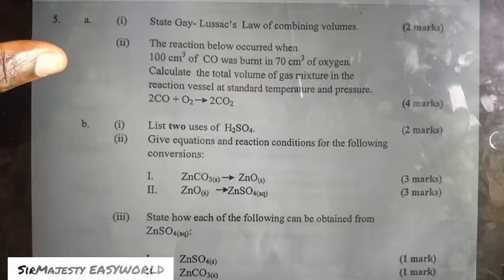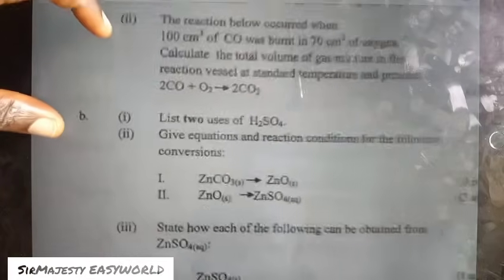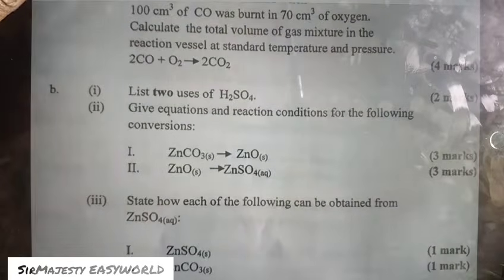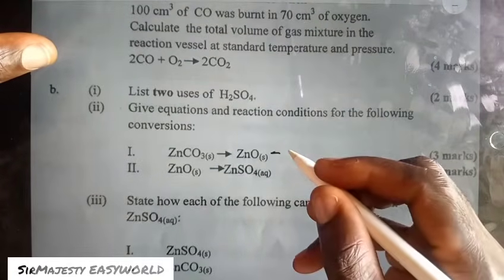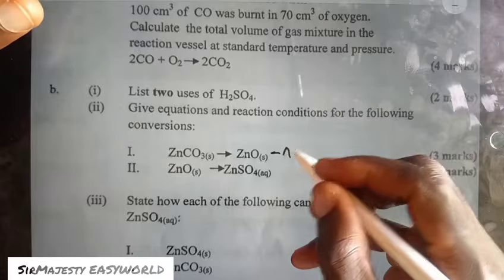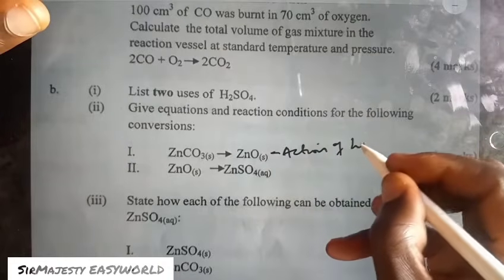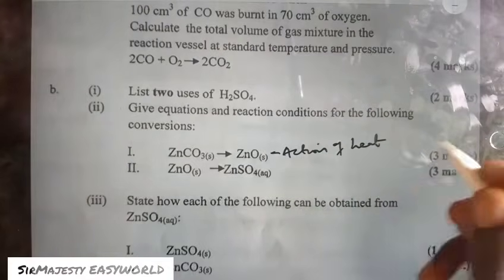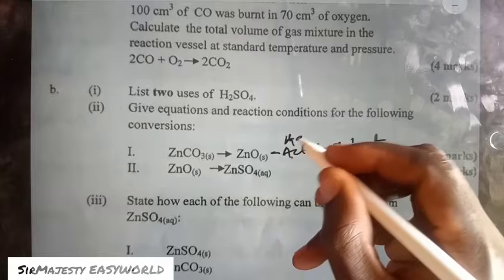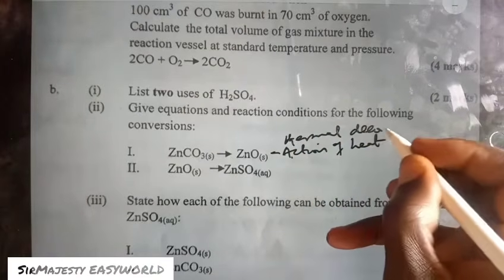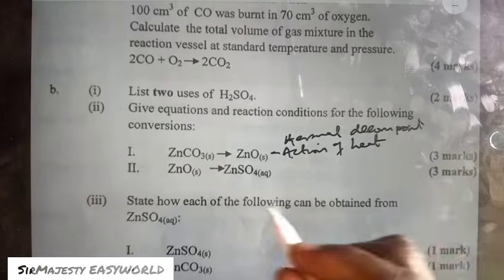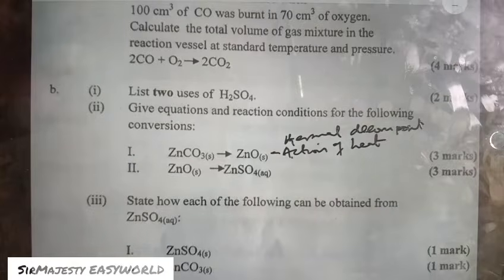Then the next question says, give equations and reaction condition for the following conversions. How can you convert zinc carbonate to zinc oxide? Thermal decomposition by heating. Action of heat, or you say thermal decomposition. It's the same thing. Then how do you convert zinc oxide to zinc sulfate?